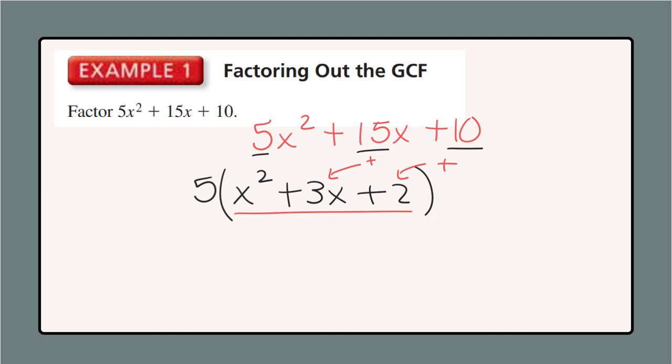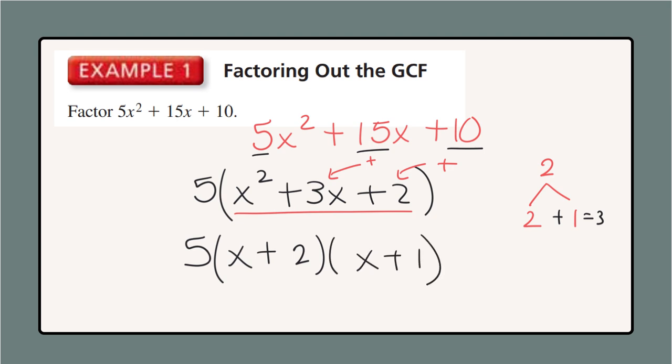The factors of 2 are 2 and 1, and when added together they give me 3, correct? So my final answer is 5 times x plus 2 times x plus 1. The only difference, as you can see, is that we have a number outside, which is 5, but your final answer is 5 times the two binomials, x plus 2 times x plus 1.